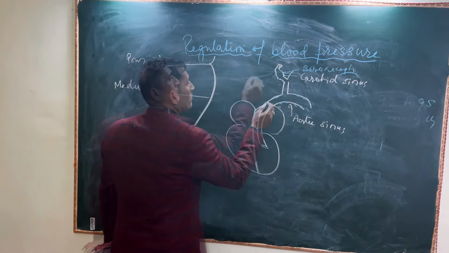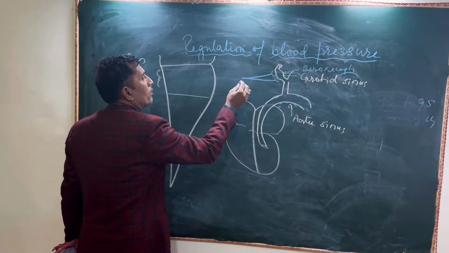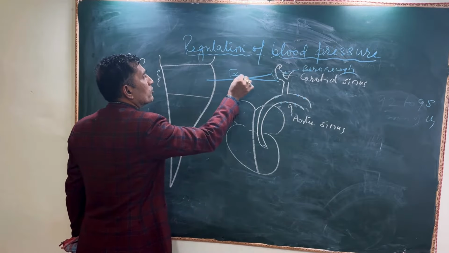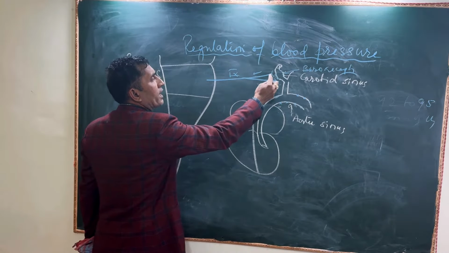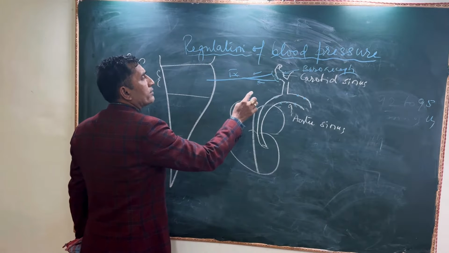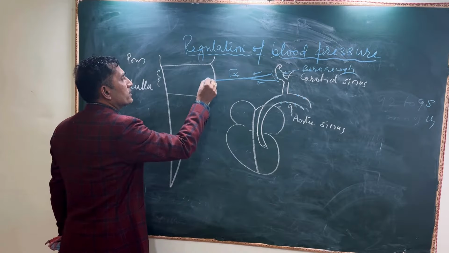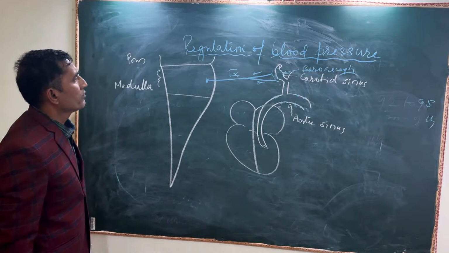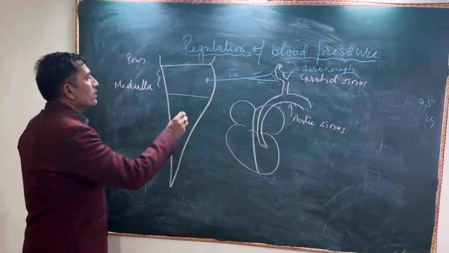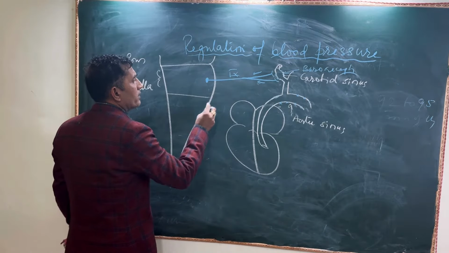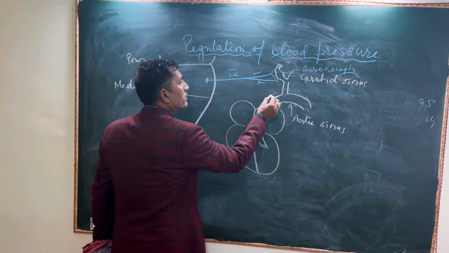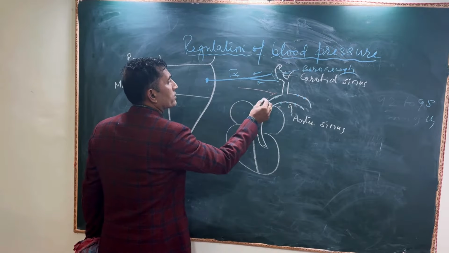Now coming to the neuronal involvement here. Here the ninth, glossopharyngeal nerve. This is the nerve ending. This is the afferent. And this nerve ending goes to the center of the glossopharyngeal, and another nerve we have here, that is the vagus.